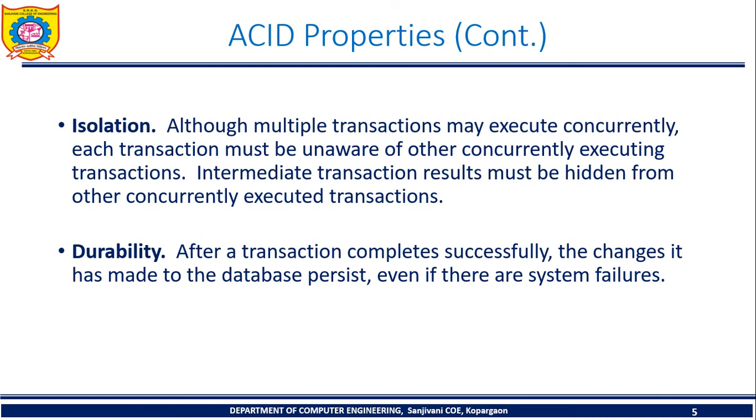Intermediate transaction results must be hidden from other concurrently executed transactions. That is, for every pair of transactions Ti and Tj, it appears to Ti that either Tj finished execution before Ti started, or Tj started execution after Ti finished.